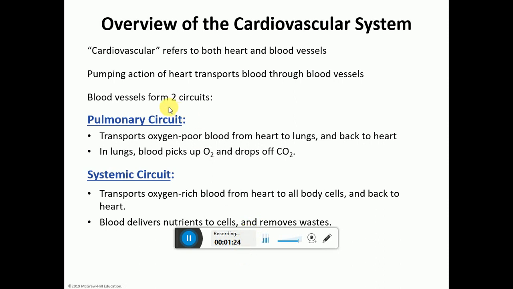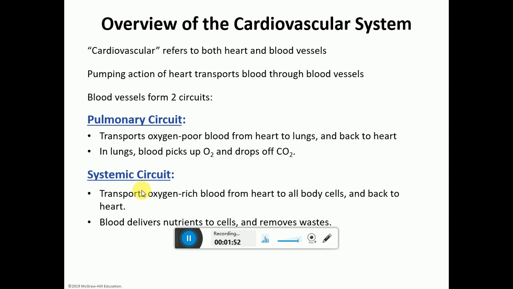The pulmonary circulation is the heart that has the deoxygenated blood, or the oxygen poor blood, and it's pumped from the right side of the heart to the lungs, where it would get the oxygen, and then that blood that is now full of oxygen will be collected onto the left side of the heart, and then it'll get pumped to the rest of the body through the systemic circulation.